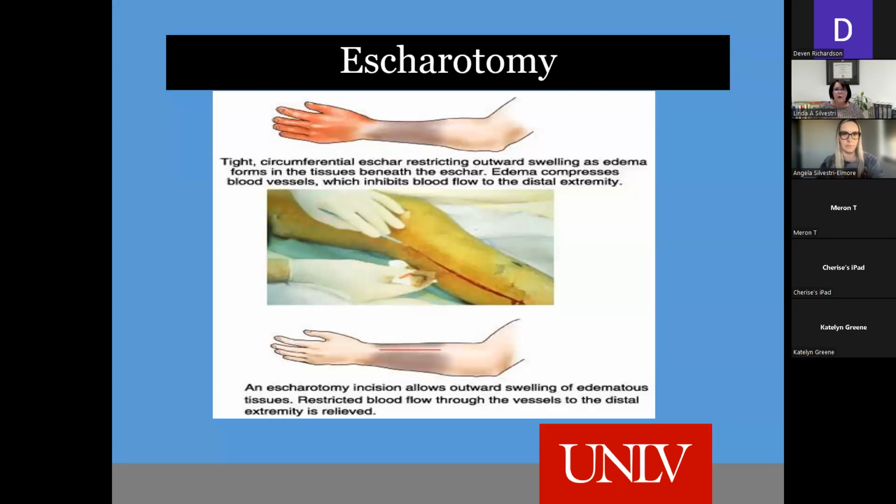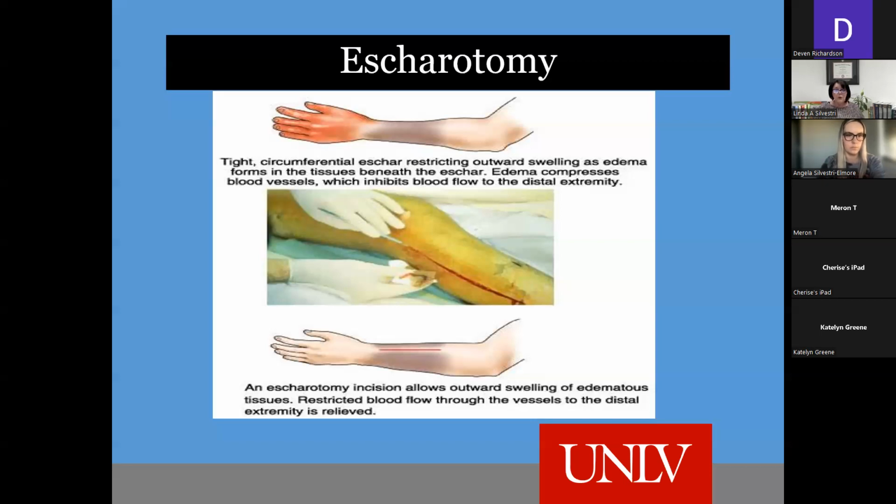So you would see this tight circumferential eschar that occurs that restricts the outward swelling as the edema forms from the injury. And then the edema compresses, pushes on all those blood vessels, which stops the blood flow to that extremity, as you can see, to the hand.